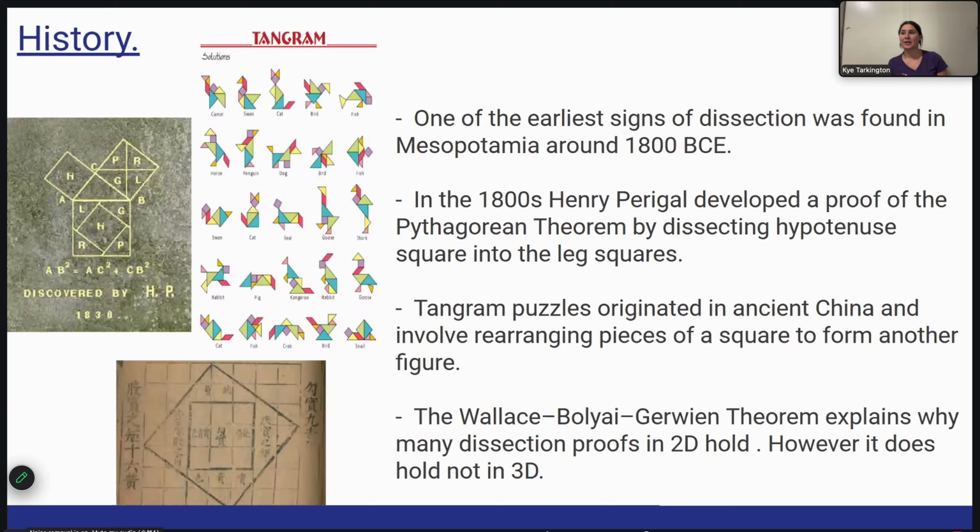All right, so a little bit of history on dissection. One of the earliest signs of dissection was found in Mesopotamia around 800 BCE. In the 1800s, Henry Perigal developed a proof of the Pythagorean theorem by dissecting the hypotenuse square into the leg squares. Fun fact: an ancient Chinese math book has a visual proof of the Pythagorean theorem in it.